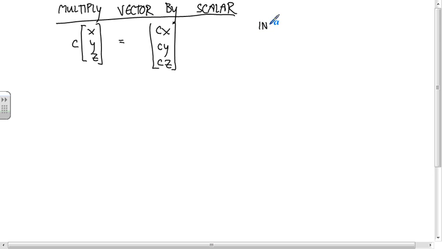To do that in a TI-89 calculator, you could do a problem like this as 5 times, so c would be 5 here, and the vector would be, as an example, 1, 5, -8.